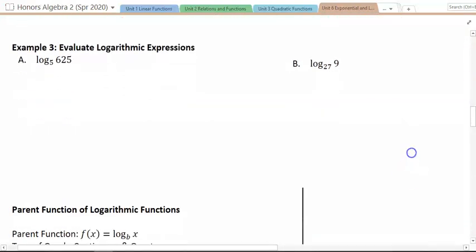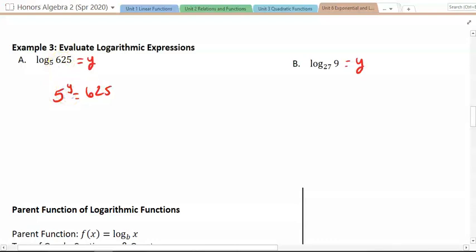All right, so example 3, evaluating logarithmic expressions. So basically, you just have to figure out what it's equal to on the other side. Now, if you know your powers, getting these answers is pretty quick. But remember, we could set this equal to the y and rewrite it as an exponential to then find what y will be. And so we're going to get 5 to the y is equal to 625. And again, this is a y, not a 4.